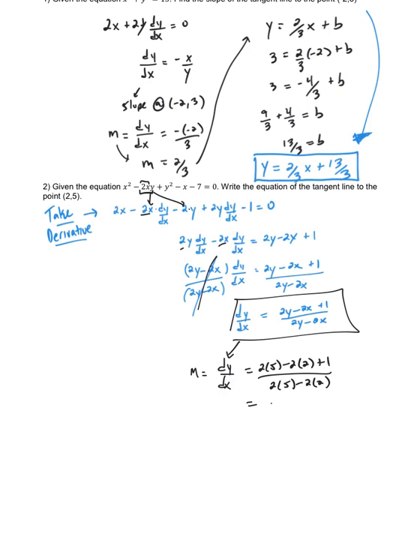So we get 10 minus 4 plus 1 over 10 minus 4, which gives us 7/6. So our slope of our tangent line is 7/6.